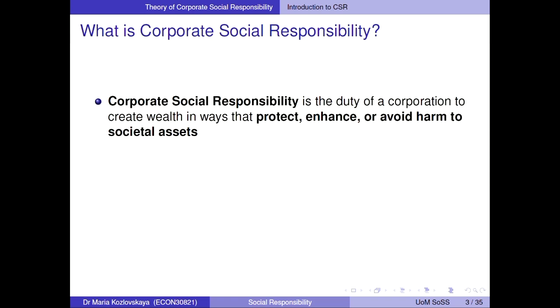So you see, this definition admits that the aim of businesses is to create wealth, but it qualifies it. If profit is the objective function, mathematically speaking, it specifies the constraints for this optimization problem.